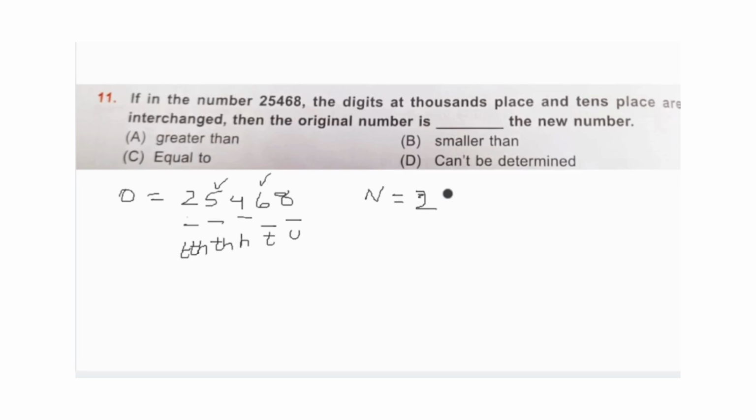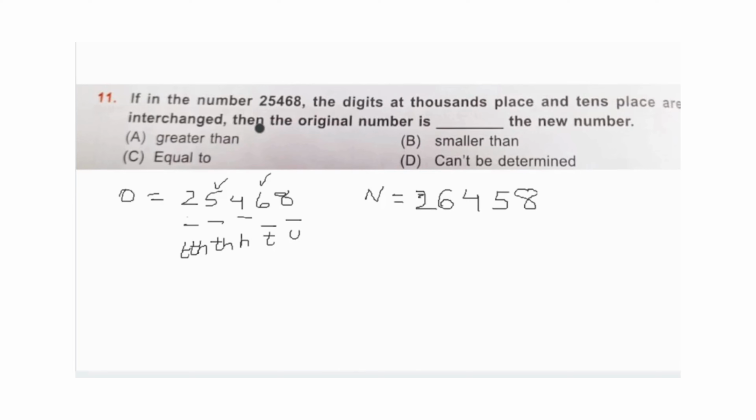The face value of the tens digit is 6, and then we write 4 as it is, and then at the tens place we need to write the face value of the thousands place, which is 5, and then 8, which is our units place. So the new number formed is 26458 after we interchange 6 and 5 from the thousands and tens places. So the original number is this, the new number is this.